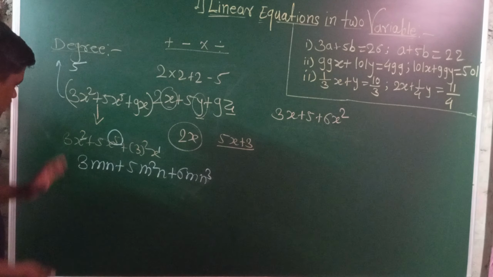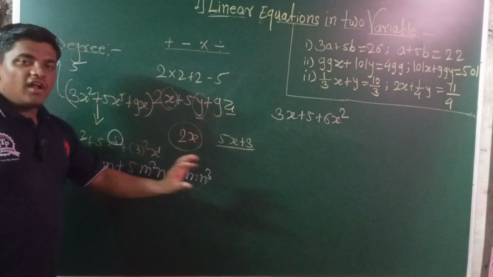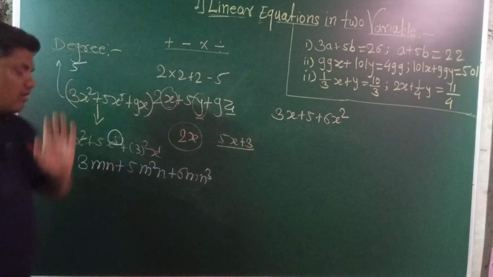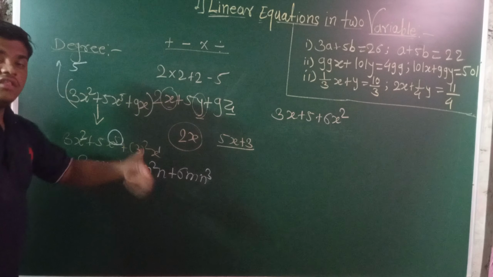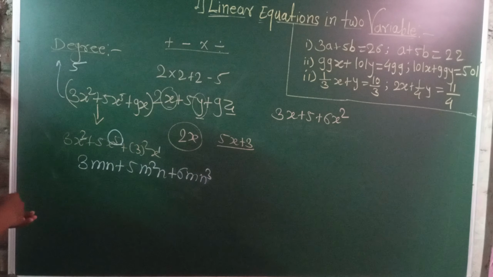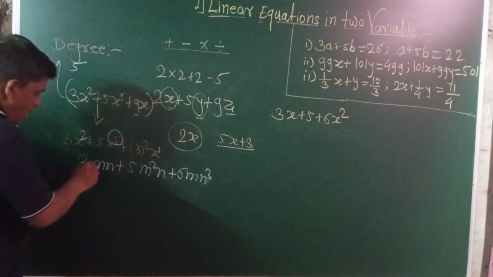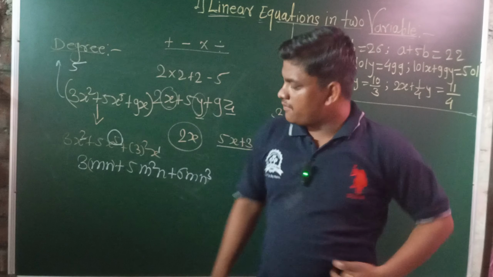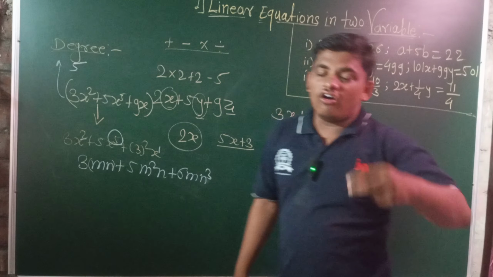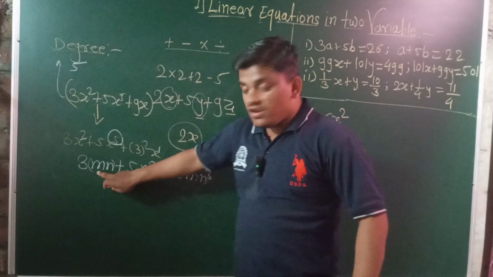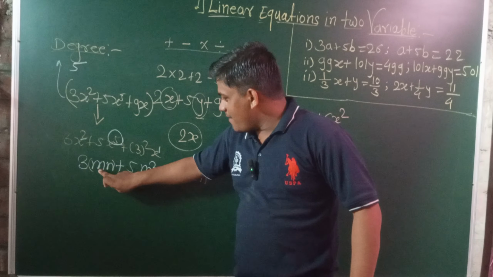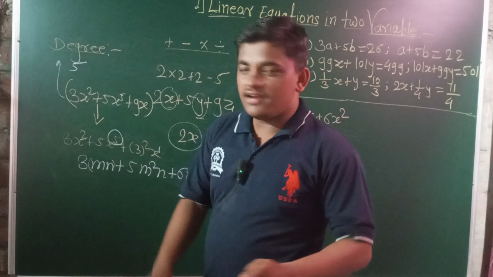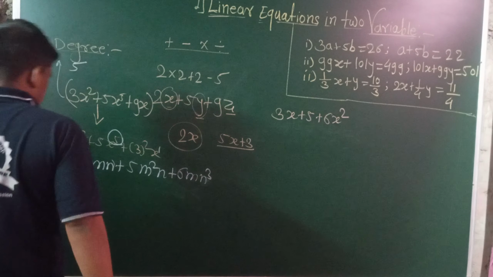Then let's identify the degree, that is, the powers or indices of the variables. This equation has two variables, two different unknown values, represented by the two different letters m and n.